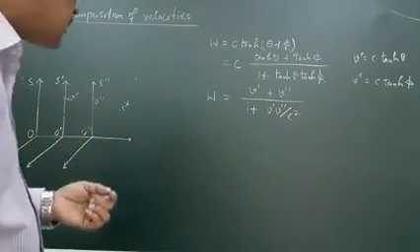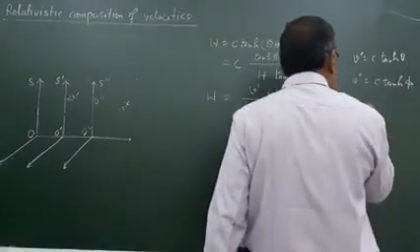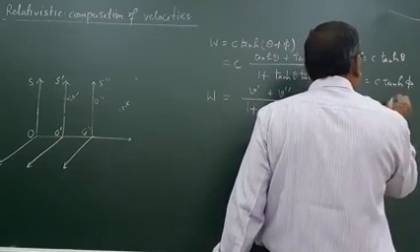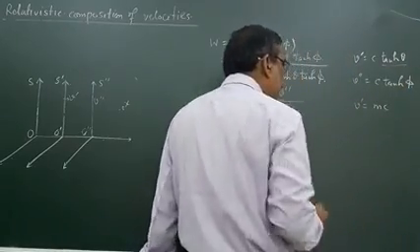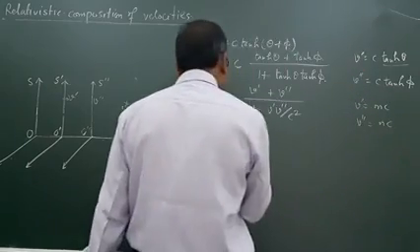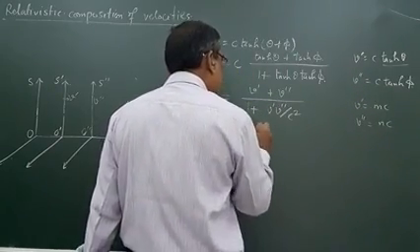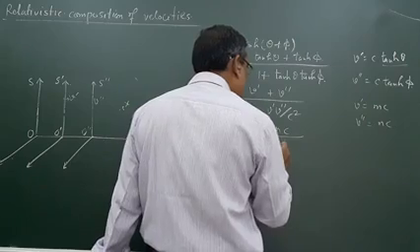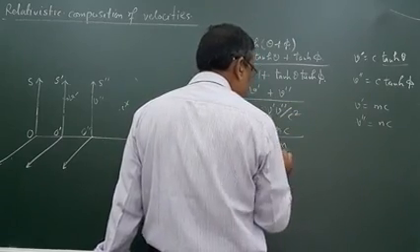If v dash is equal to mc, and v double dash is equal to nc, then it will be equal to mc plus nc upon 1 plus mn, c square will cancel out.